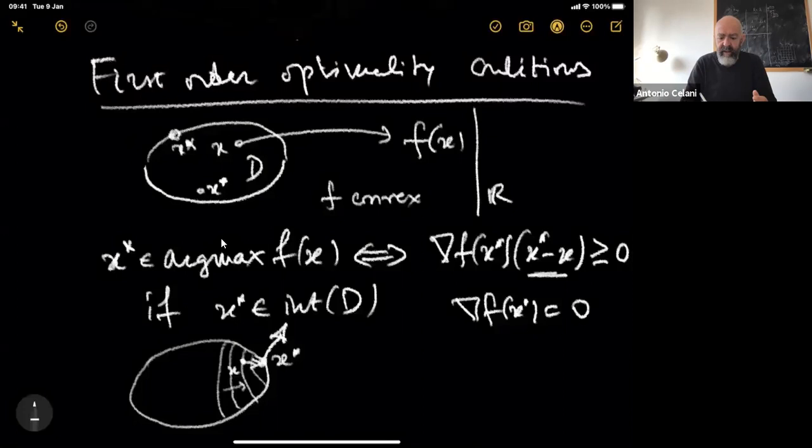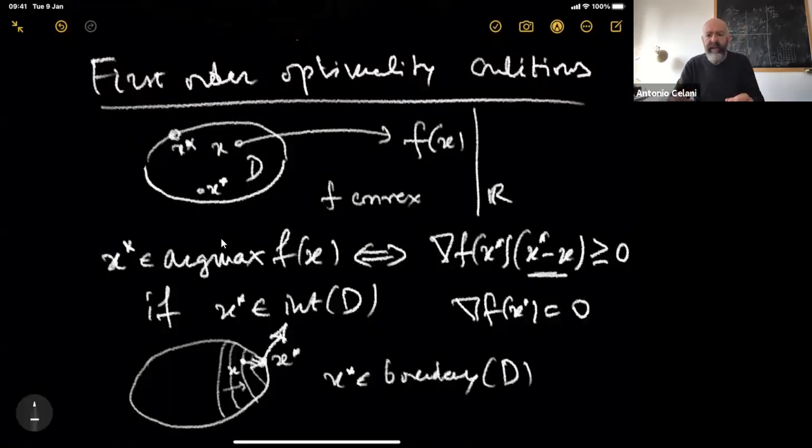So this is basically a little extension on the usual notion of stationary point. If x star is on the boundary of D, this works as well. Fine, we will use that at the very end, so just keep it in store.